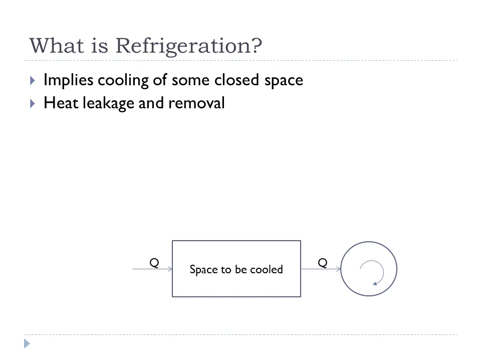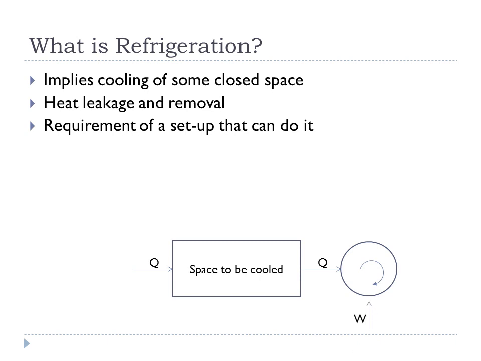To remove this heat continuously, we use a system called a refrigerator, and this setup can continuously remove the heat from this space. But in accordance with the second law of thermodynamics, heat cannot be removed from a low temperature body without the aid of some external agency.